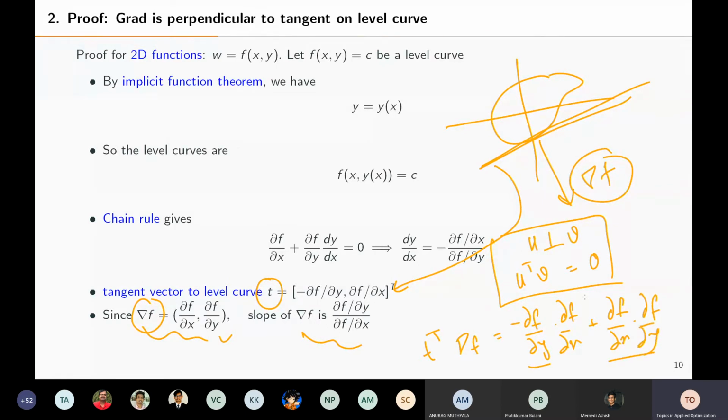But this is a negative of this, so they get cancelled and I get 0. So this is a concrete proof of the fact that the gradient of a function is perpendicular to the tangent drawn on the level curve. This will help us during the analysis part of the optimization solvers.